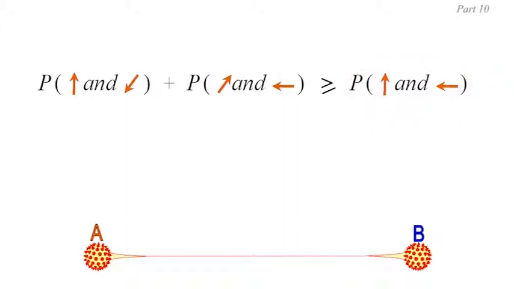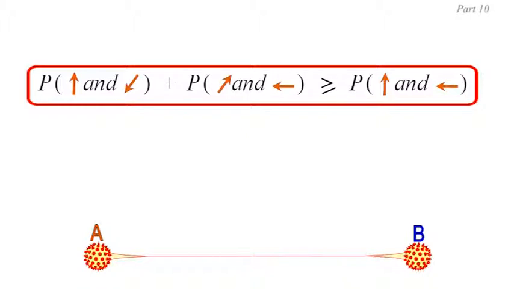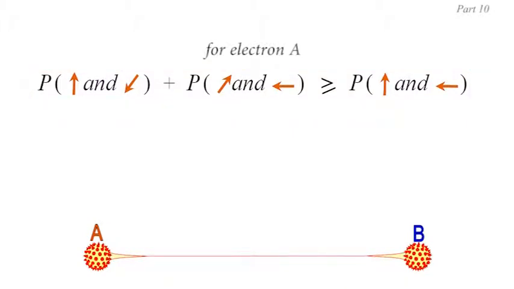Now this might all seem even more vague. How can it be up and also down at 45 degrees? But bear with me, because now comes an even bigger change, and it's the key to getting a result out of this inequality as we switch to electron B. The inequality is looking only at the probabilities for one of the two entangled electrons, electron A. That's why the arrows are all coloured amber.